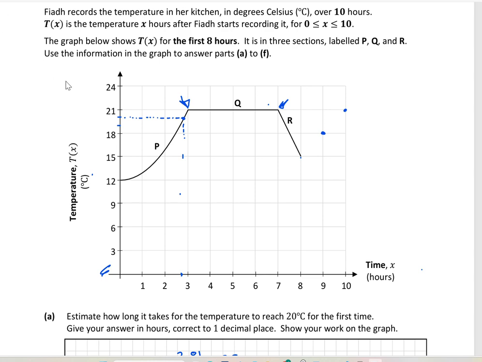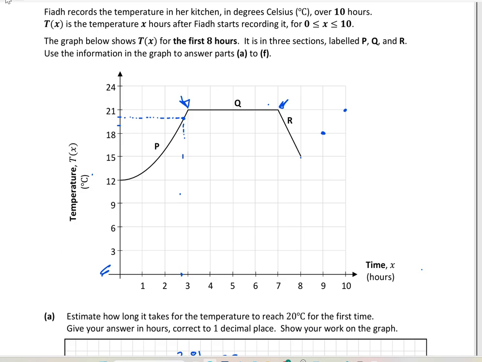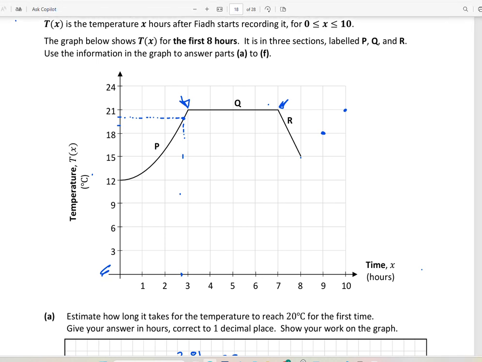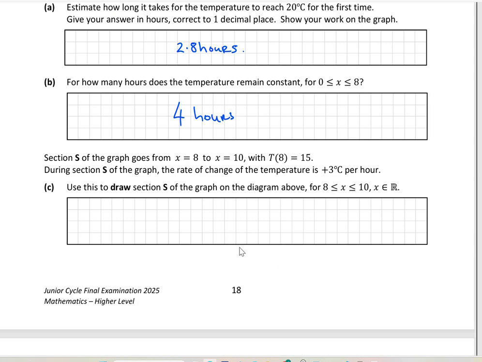So am I supposed to draw it? Yeah, to draw it in. Okay, let's draw it. I'll just change the color here. All right, so that's part S there. See above.